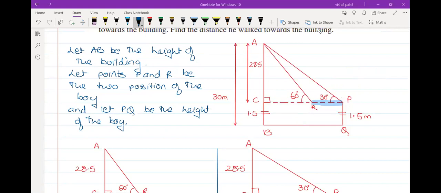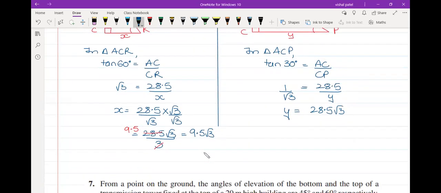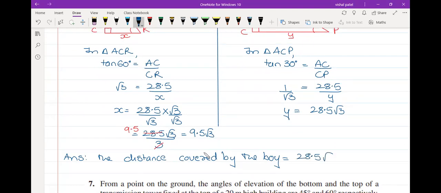So the last step. The distance covered by the boy equals Y minus X, that is 28.5 root 3 minus 9.5 root 3.